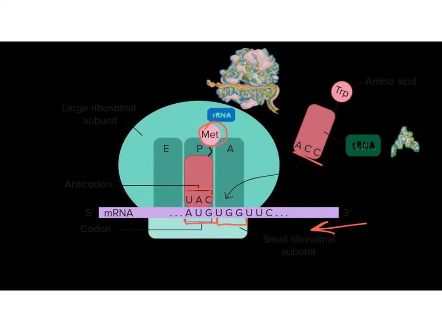You can see that this tRNA is bringing an ACC into that space. So this is where we have that transfer RNA. This is transferring this amino acid onto the next bit of the chain. So this is going to create a chain here.